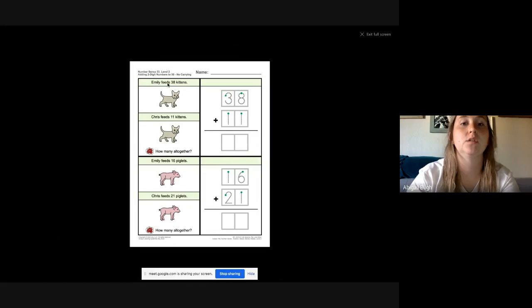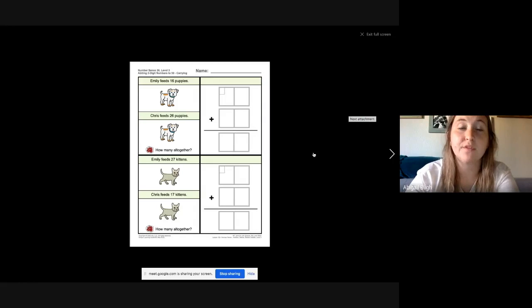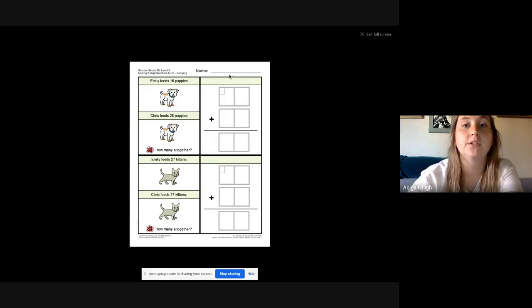So that means you need to read the word problem. Some of you have problems where they set it up for you on the right, and some of you have problems where they do not set it up for you on the right. So I'm going to show you that as well. Okay, so some of you have problems that look like this, where there's no numbers on the right. They do not give you the numbers. So it is your job to read the word problem, and then on the right side, you're going to put the correct numbers and solve the problem.